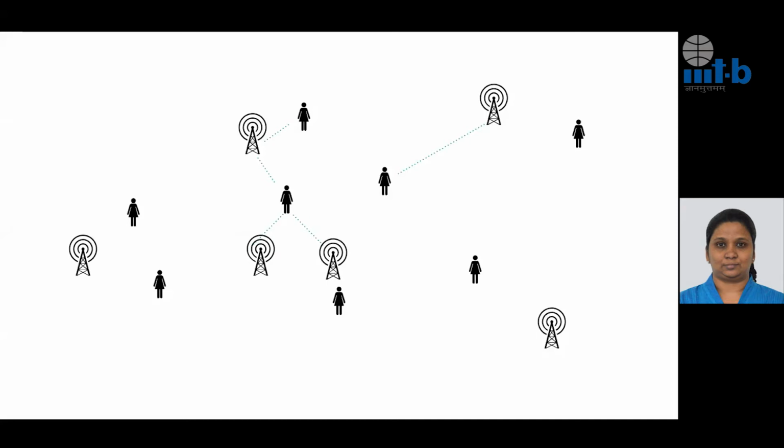But having said that, a client will be particularly connected to one base station. That means the client will be tuning in to the same frequency as the base station. For example, in this diagram, the client here is connected to this base station, which is emitting at a particular frequency. Let's call it the red frequency. So the client will be receiving signals in that frequency. But if you see the diagram, a client is also connected to other base stations, which will again be emitting signals at some frequency.